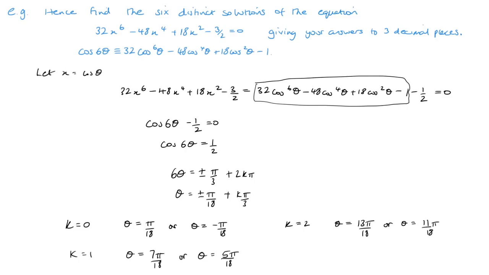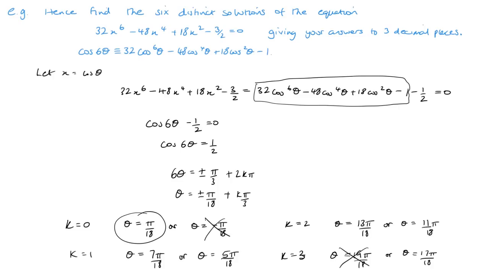Now, I'm not keen with this minus 1, so I'm just going to do one more. K equals 3, and this is going to give me 19 pi by 18, or 17 pi by 18. And I'm going to take now all the positive ones that go up to pi, basically, so 0 to pi.